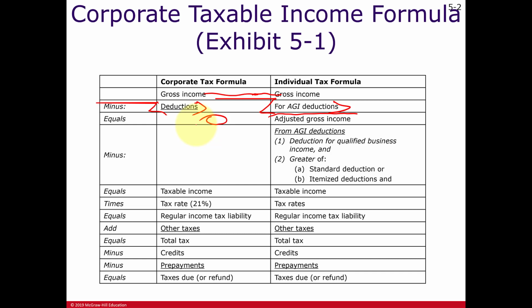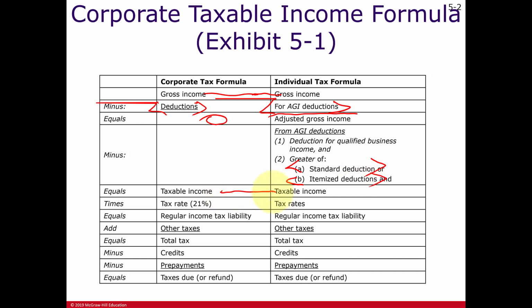Then for the individual, we subtract out the itemized deductions or the new 2018 higher standard deduction. So you can see deductions appear all over the formula in the case of an individual. But ultimately, we come down to the taxable income amount.